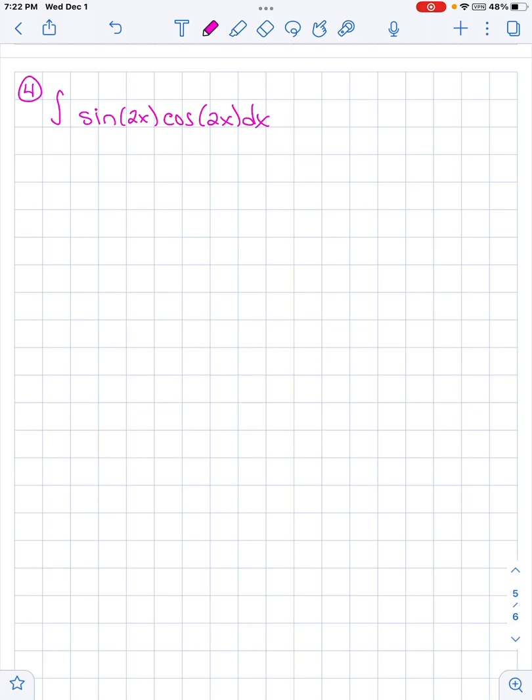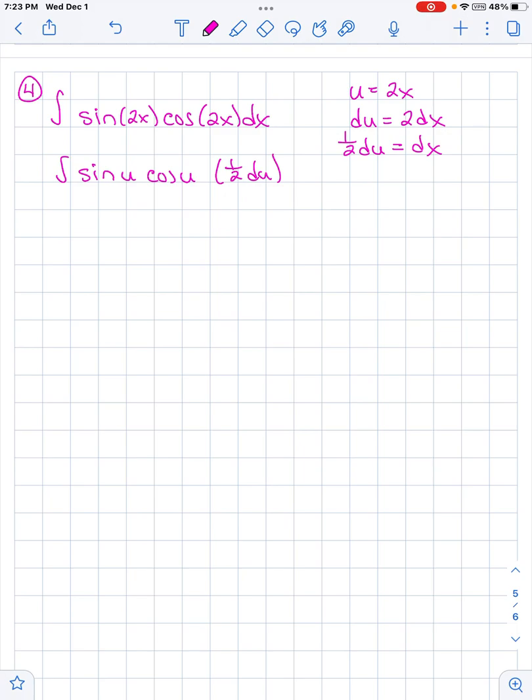Okay, welcome back. Now the first thing people do, this is one of the strangest problems. The first thing people do is they say u equals 2x, and that makes absolute sense because 2x is an inner function. And then du is 2 dx. So I would do 1/2 du is dx. The only problem with that is that now we end up with sine of u, cosine of u, and then 1/2 du.